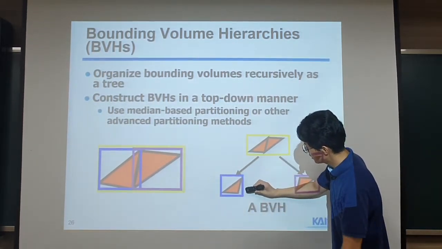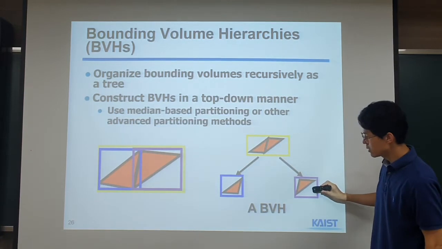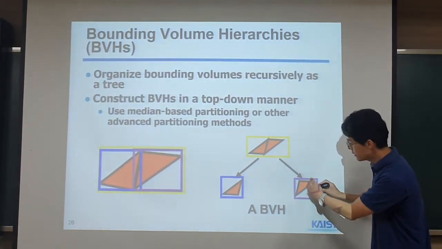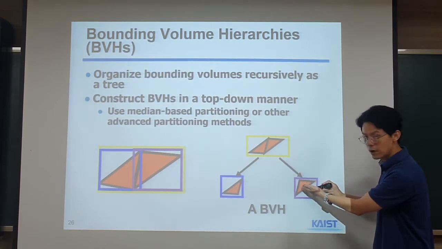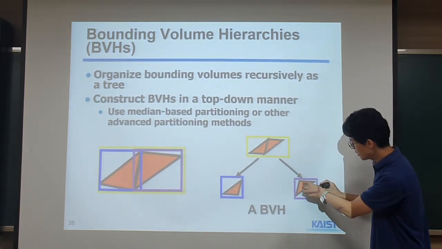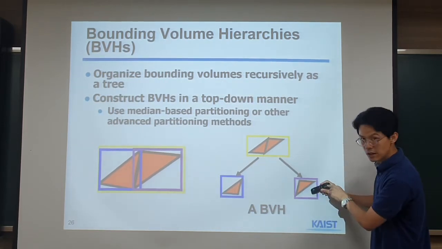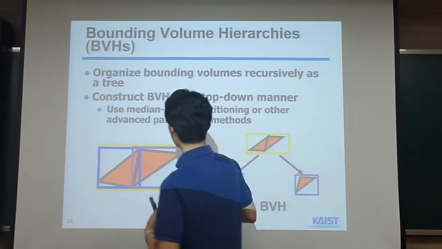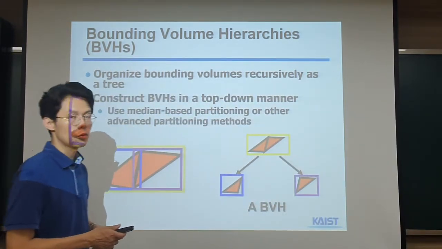Then we check: here we don't have a collision, here we have a collision, right? Then between this bounding volume and that one, we refine it. Since this is a leaf node, we only have the triangle, so we check the collision between this triangle and that object, right? That way we traverse down to the triangle, and that way we can check the collision detection.